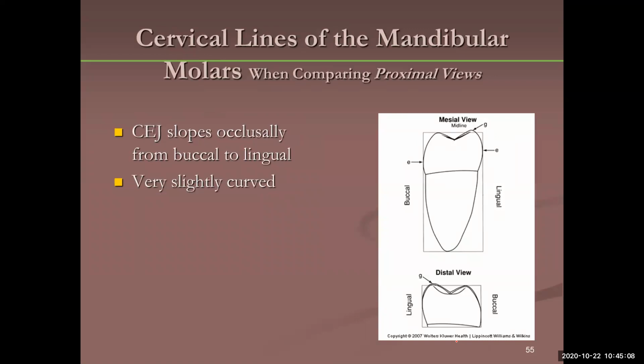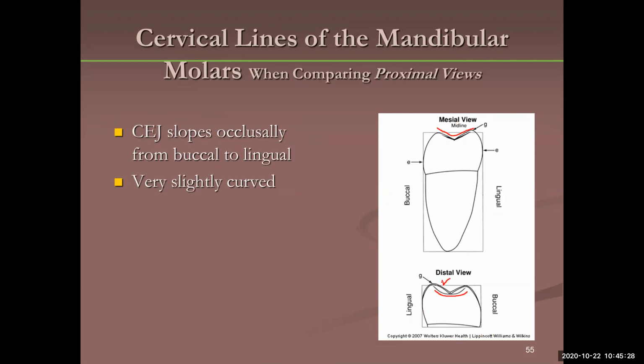CEJ is relatively straight, very slightly curved. And if it curves, it's going to be more curved on the mesial or the distal. Which surface? Mesial. Mesial. Okay, so this is the mesial view here, which is taller than the distal view.